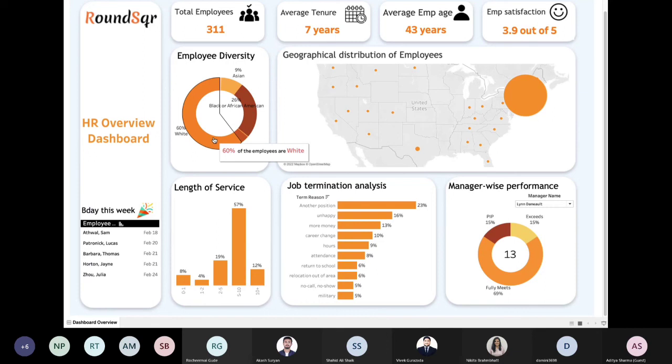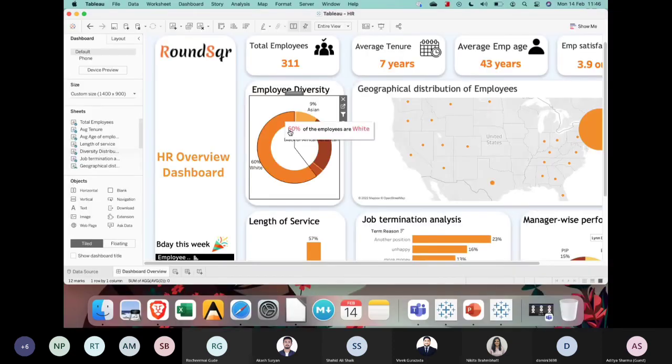Say we have 60% of the employees who are white, 26% are Black or African American, and so forth. For example, if I would like to see the information about the Asians, what I have done is I've used this as a filter.